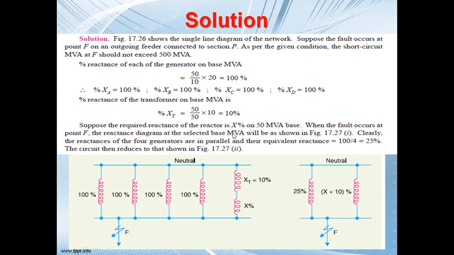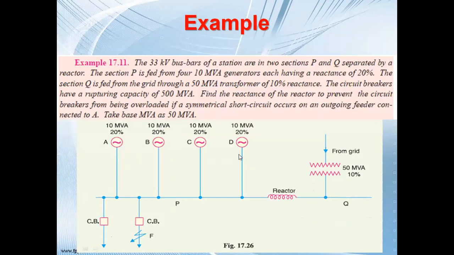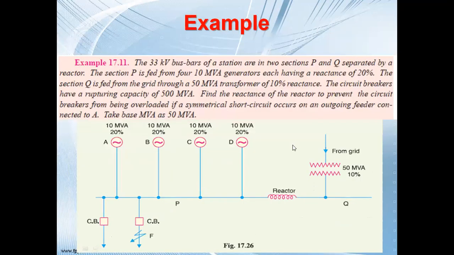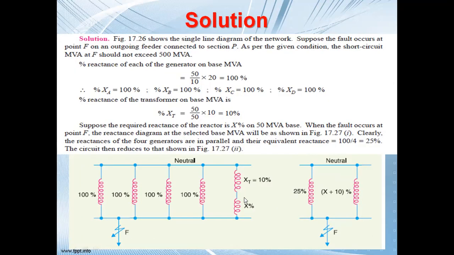Now you see the reactance diagram. There are basically 4 generators connected in parallel. After that, there is a reactor and a transformer. The reactance of the reactor we have assumed X%, and the reactance of the transformer is 10%, so they are in series.